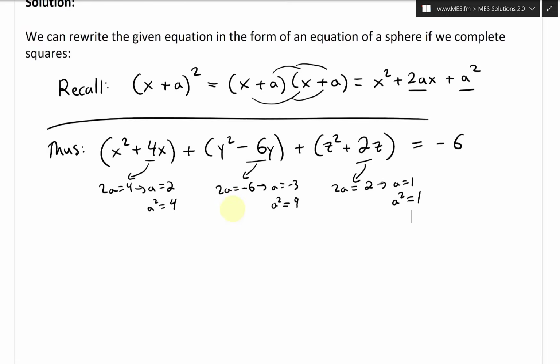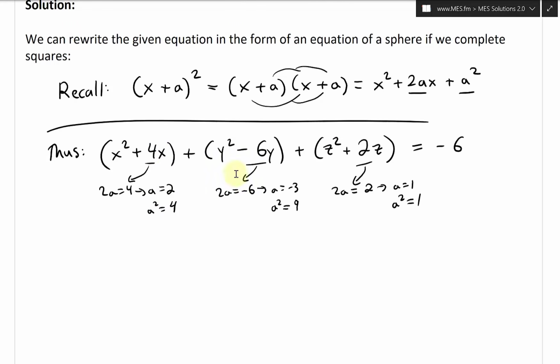So what this means is we need to add an a squared to each one, and then we'll also subtract it from each equation so that we don't change it, moving that additional a squared over to the other side.